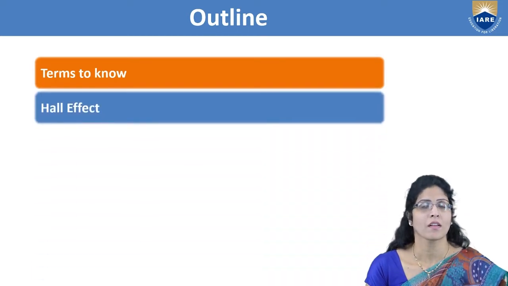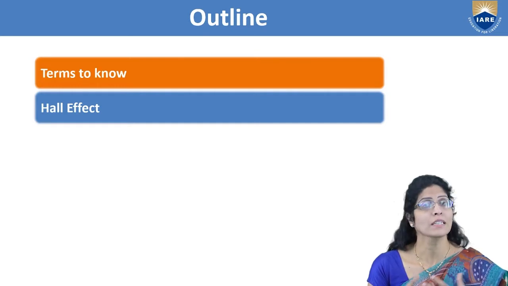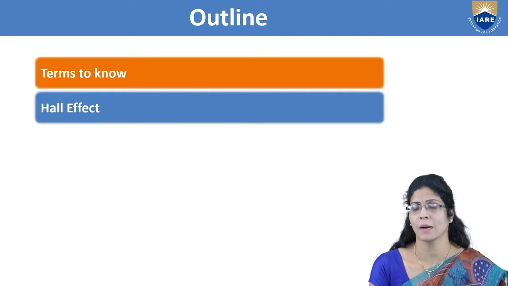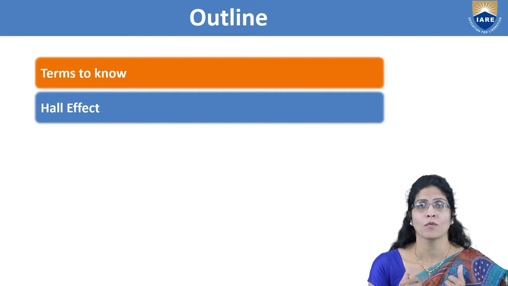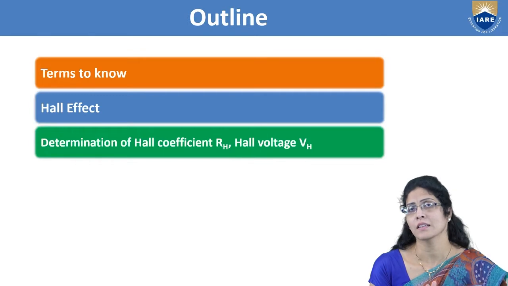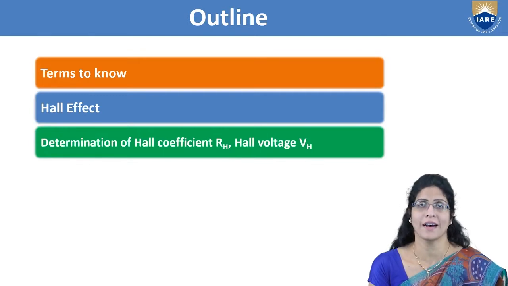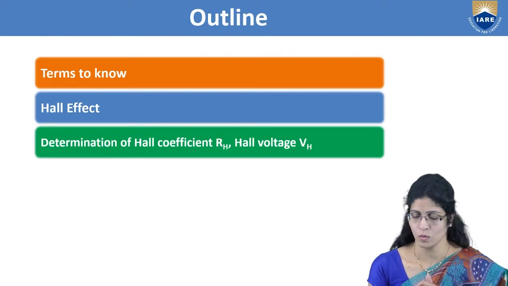Then comes the Hall effect: what exactly it is, who discovered it, how the discovery started, how it evolved to the application of semiconductors, and what the different applications of the Hall effect are. Before that, you will see a derivation of an expression for the Hall coefficient and the Hall voltage.